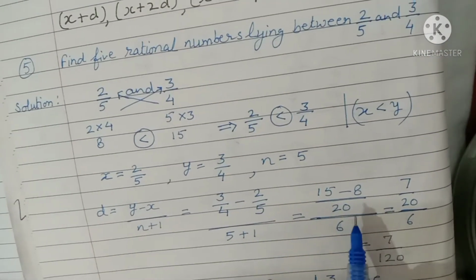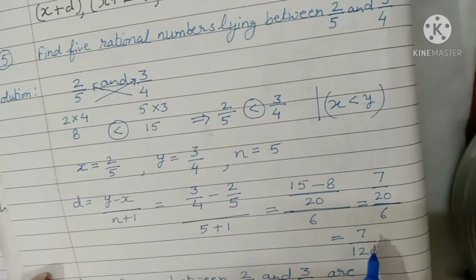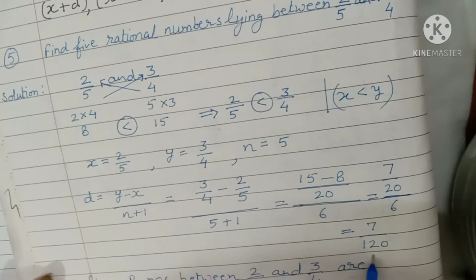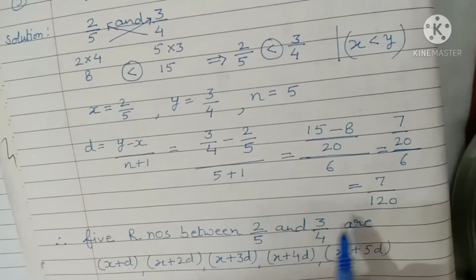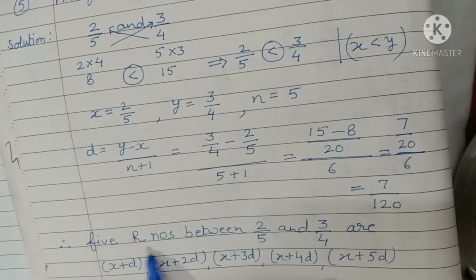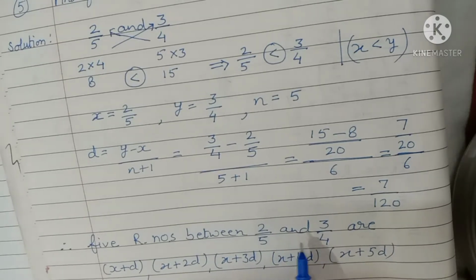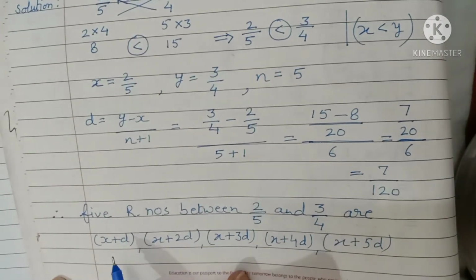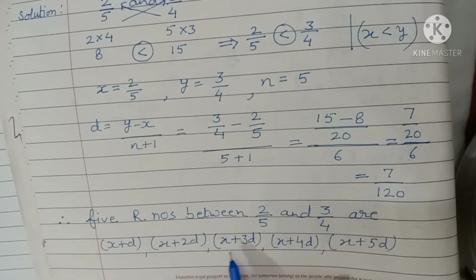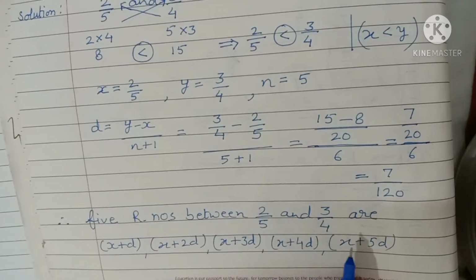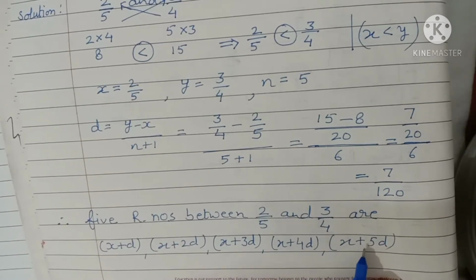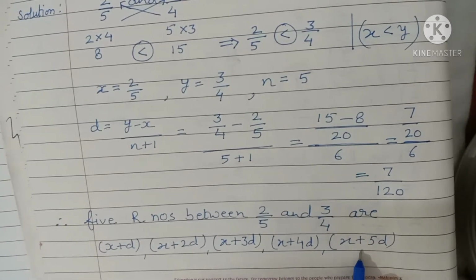Solve this and you will get the value of d, which is 7 upon 120. Therefore the 5 rational numbers between 2 upon 5 and 3 upon 4 are x plus d, x plus 2d, x plus 3d, x plus 4d, x plus 5d, because we have to find only 5 rational numbers.